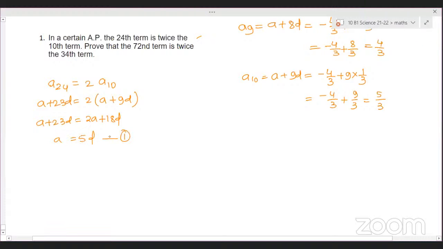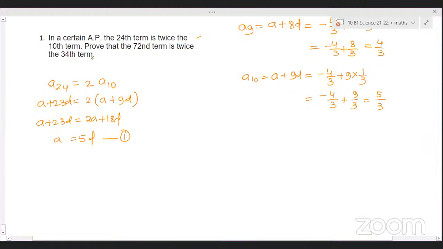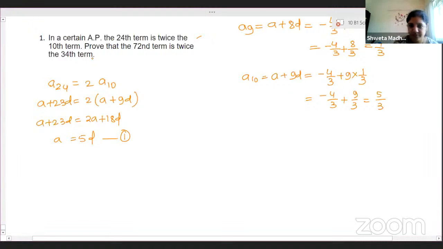Oh, I understand. 5D. And then substitute in the 72nd term and 34th term. Okay. LHS, RHS, I can do. Any other doubt anyone has? No, ma'am.